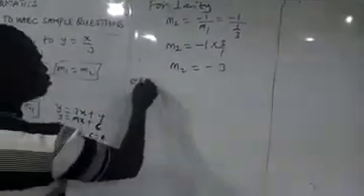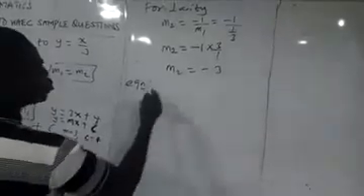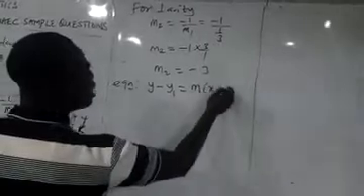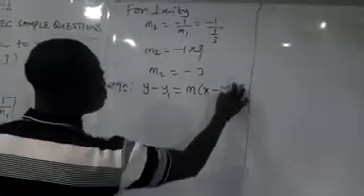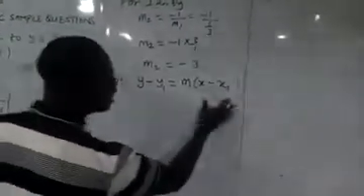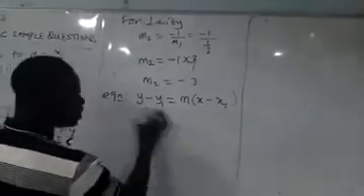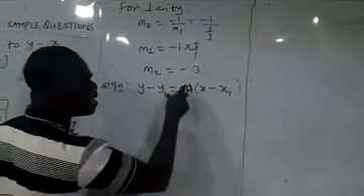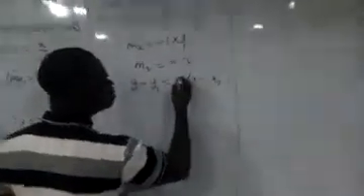So the equation is formed as y minus y1 equals m into x minus x1. This is the real equation that we use to get whatever we want. It is not there for you to know your m, whether it is parallel or perpendicular; that is why we have the other condition.